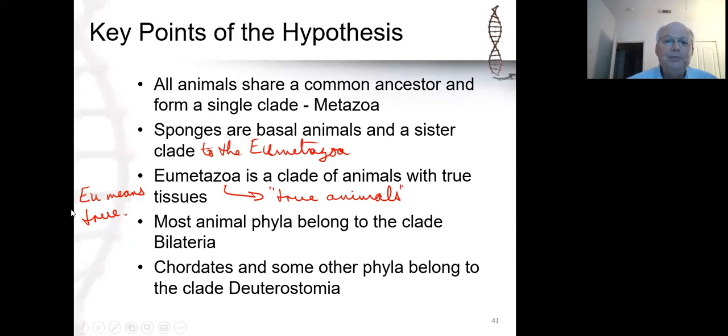The prefix EU means true. So when we put EU in front of metazoa, we're talking about true animals. So true animals also form a clade. And these are the animals that have true tissues.